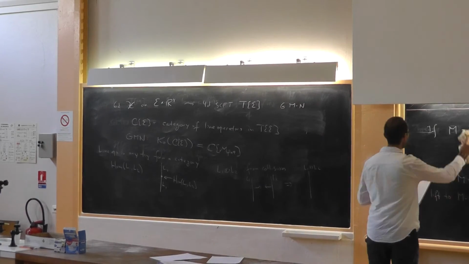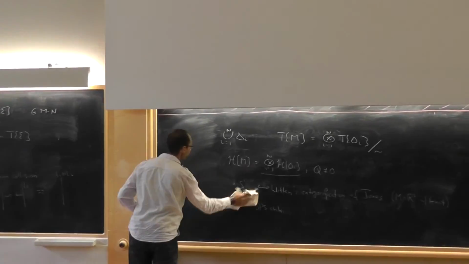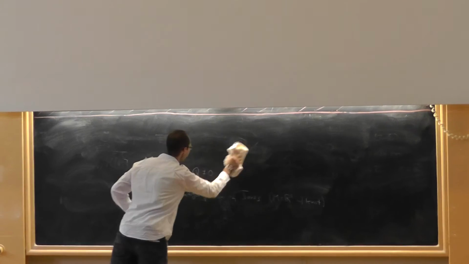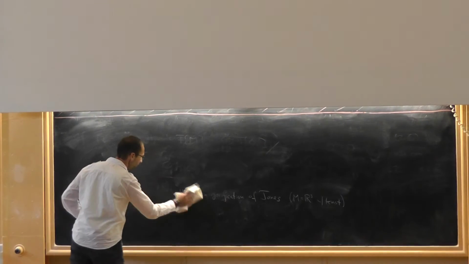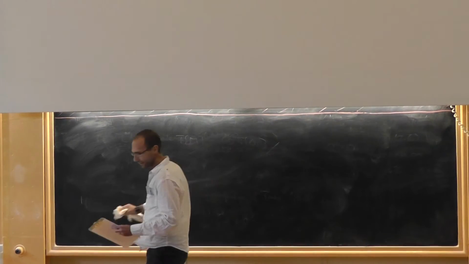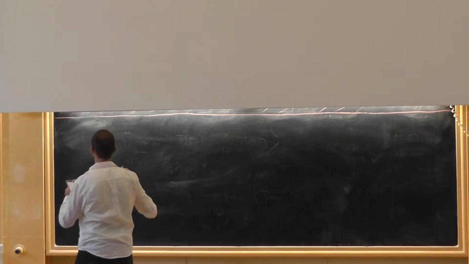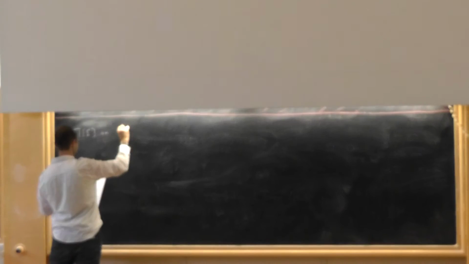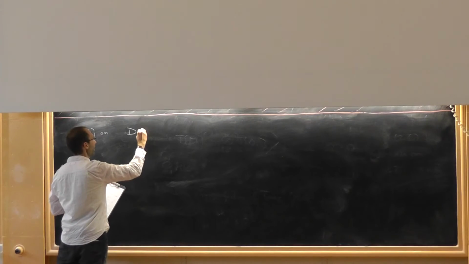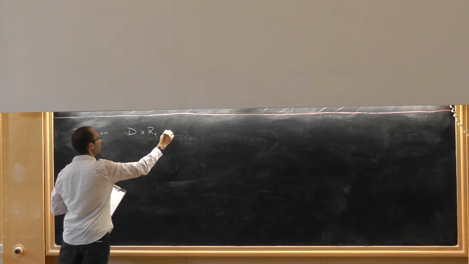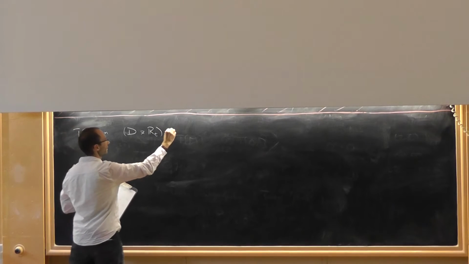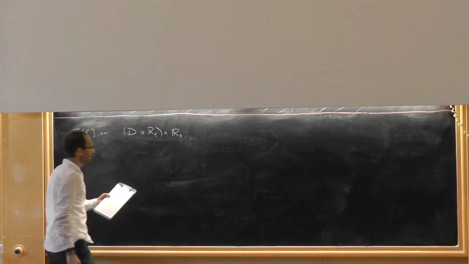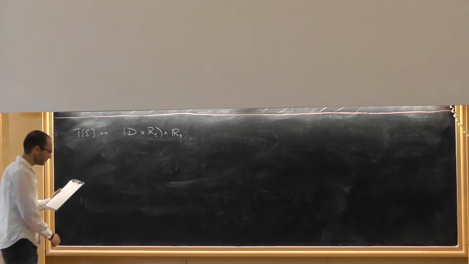So here, we want this theory T of sigma, want to look at it on D, which is S2 or R2, times time times another spatial dimension.